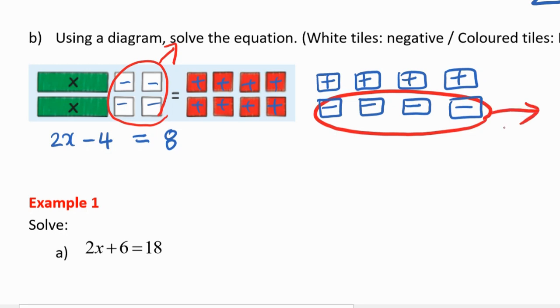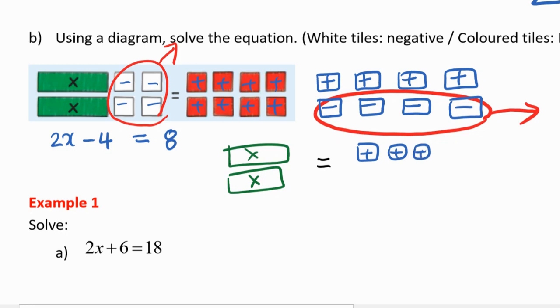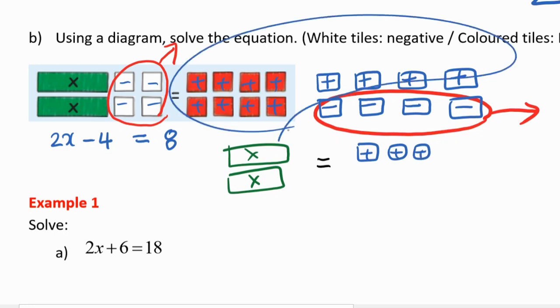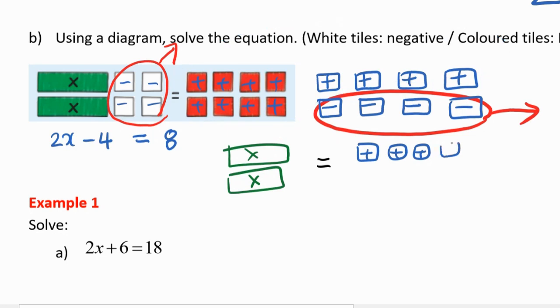So what I have now is 2x equals, how many positives do you have? In total, you have 12 positives. So I have 12 positives.